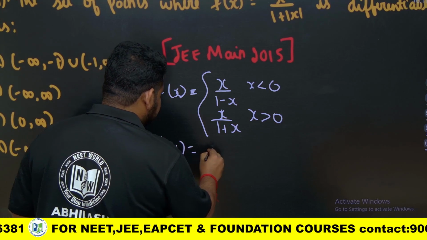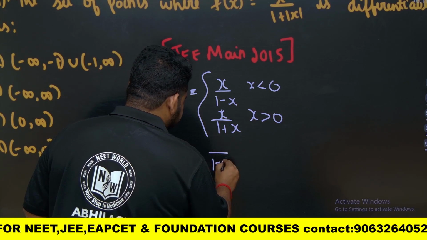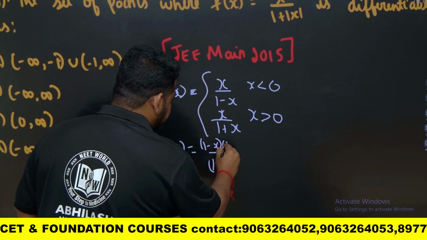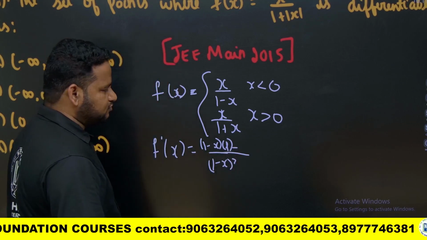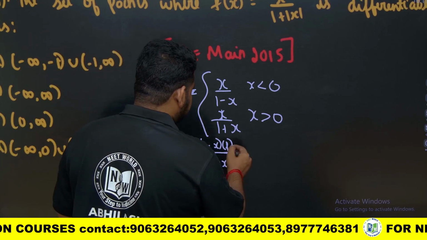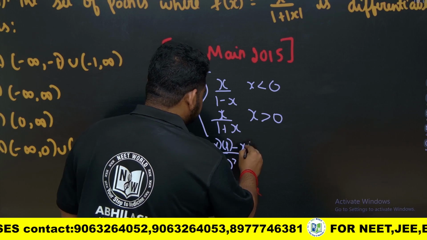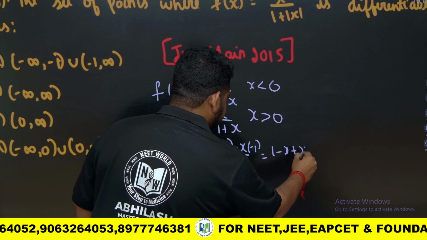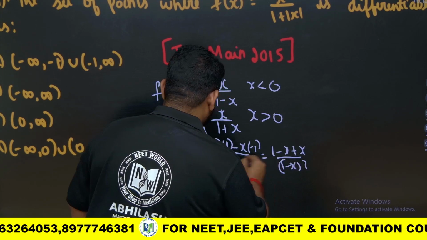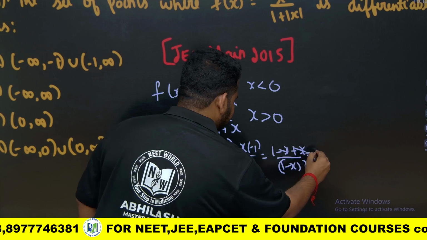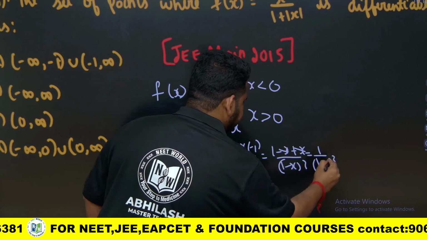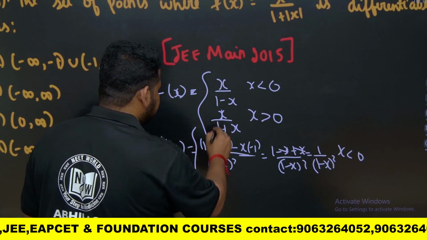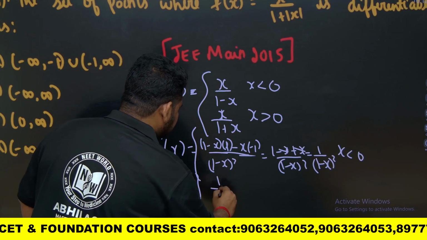I am applying the division rule of differentiation. 1 minus x into derivative of x, minus x into derivative of 1 minus x, which is minus 1. This gives us 1 minus x plus x by 1 minus x whole square. So this and this cancel, and I get 1 by 1 minus x whole square for x less than 0. Now what about the other one? x by 1 plus x gives me 1 by 1 plus x whole square.